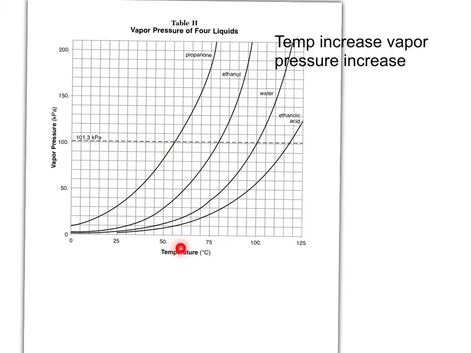Please also note that on the x-axis, the scale is by 5s, but on the y-axis, the scale is by 10s. So the normal boiling point of propanone is approximately 55 degrees Celsius. The last big idea to look at here is that when liquids evaporate very easily, they are not held together by strong intermolecular forces.